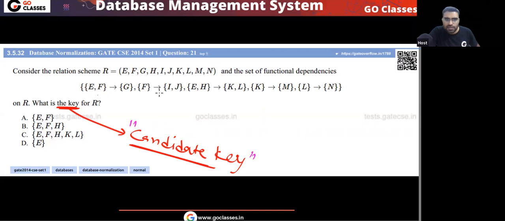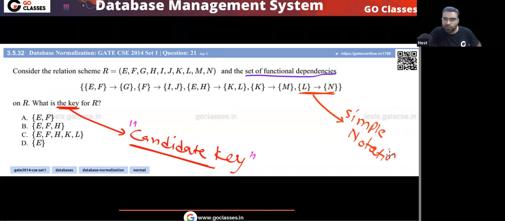Now, these functional dependencies are given to you. Do you remember I told you what a functional dependency actually means? There is another, simpler notation. What is the simple notation for this FD?